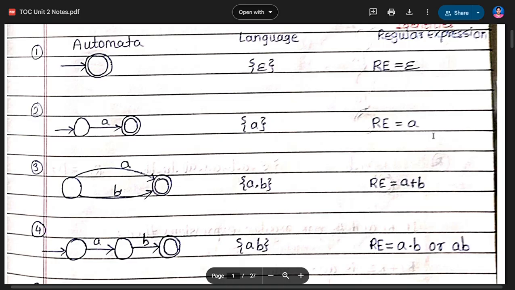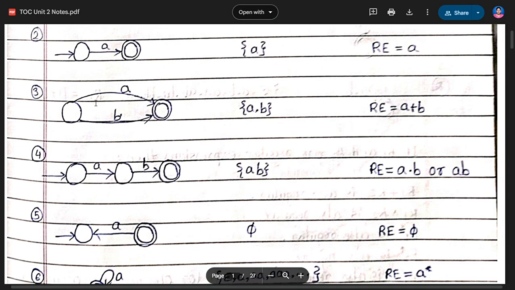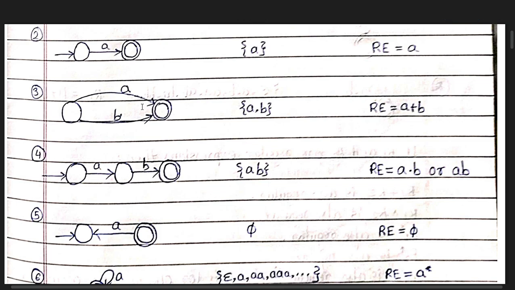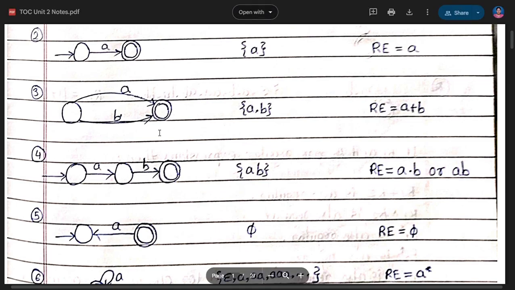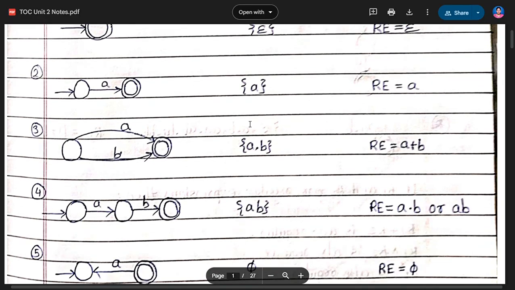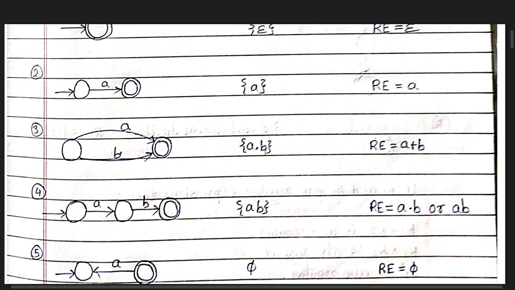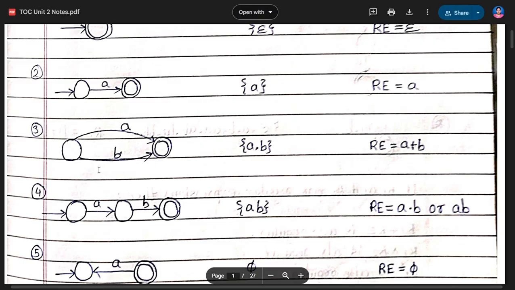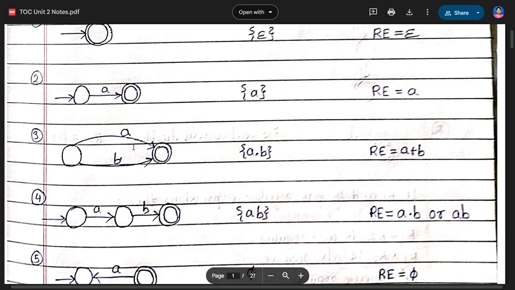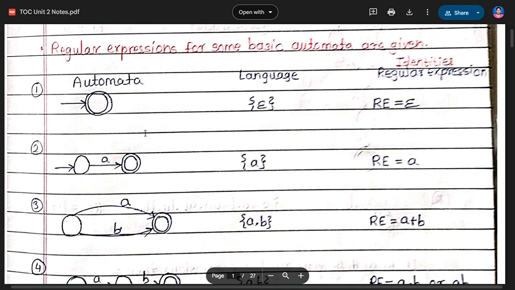Now the third one: one state, the A input going to the final state, and also the B input going to the final state. So in the language form we write it as A comma B. Now this is a union.